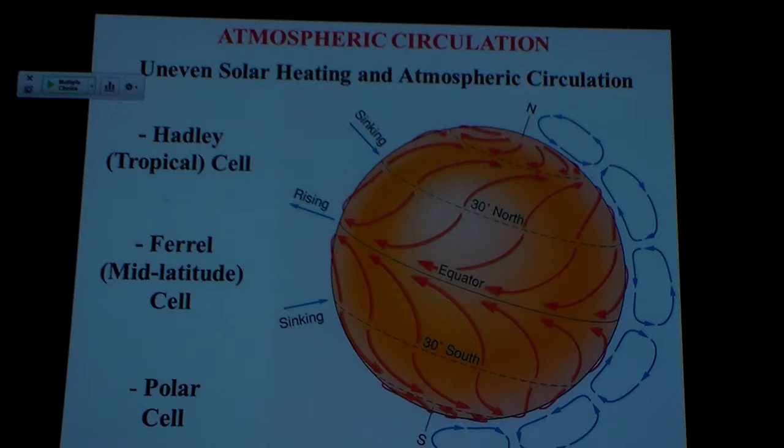The one up here at the pole is, as you might guess, the polar cell. That one's easy. And in between, this was the tricky one. This is the one that really kind of stumped everybody for a long time. But a guy by the name of Ferrel figured it out. And it's also referred to as the mid-latitude cell because it sits between the 30th parallel and the 60th parallel.